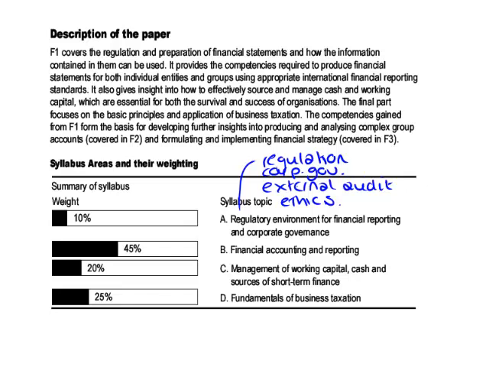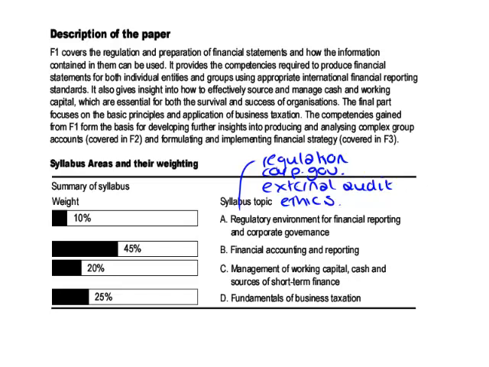Now what you might well find is a lot of the questions on syllabus topic A can be quite knowledge based. So for example, what are the set procedures that are passed through in order to issue a new accounting standard. But some of them will also be practical in nature.